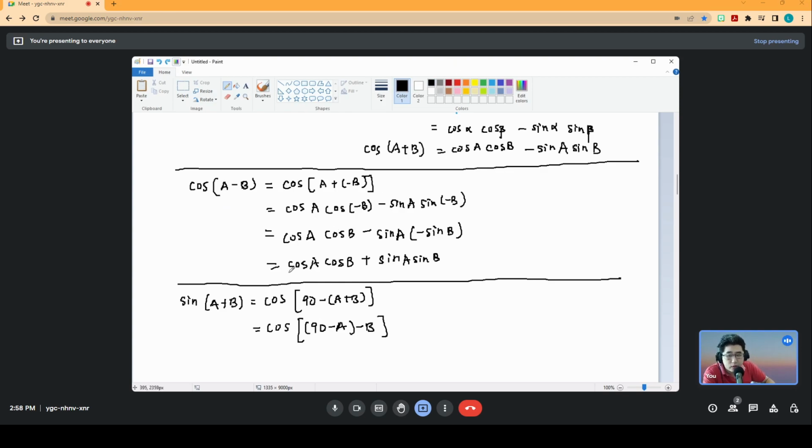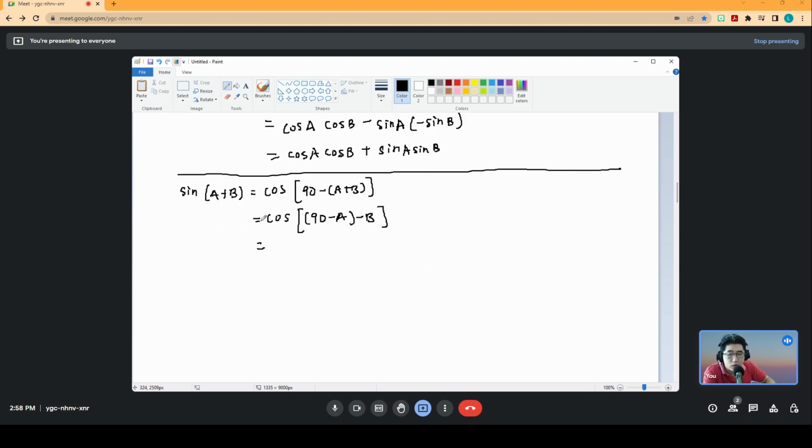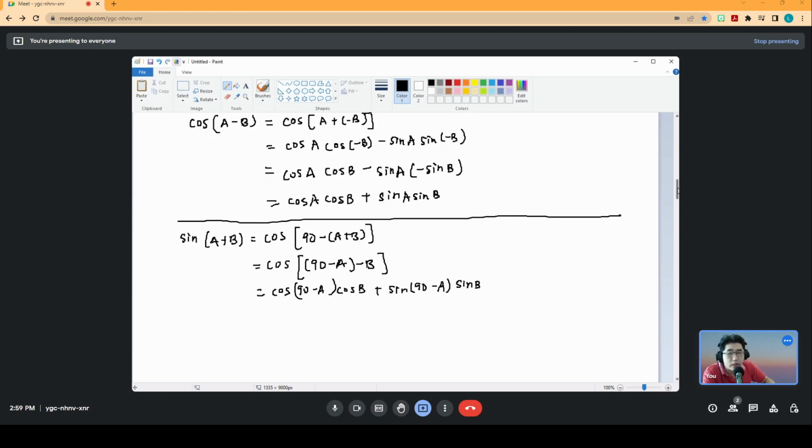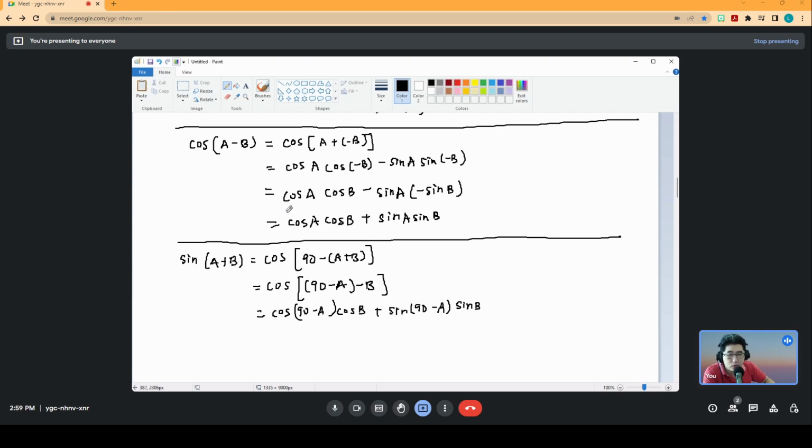After that, I rearrange the form, then I will get cos of 90 minus A, cos of B, plus sine of 90 minus A, sine of B. As you can see, again, I am just following the rule above. Nothing special over here.